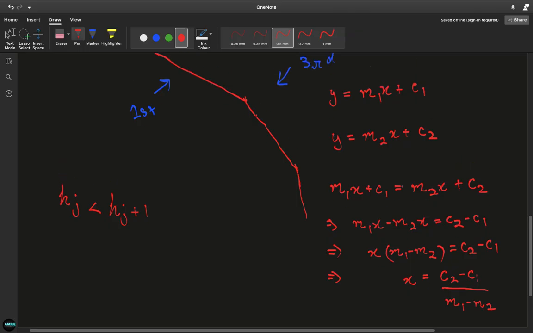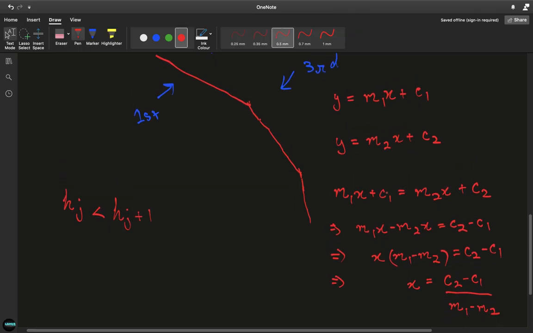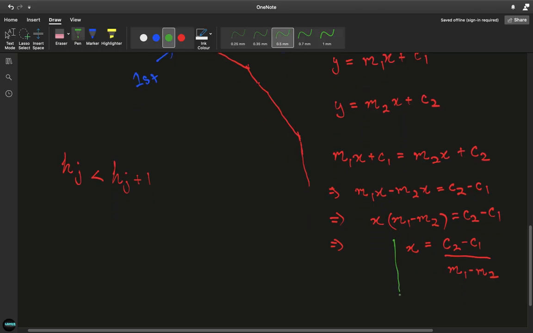Okay. So now we can find out the point at which some line becomes useful using this formula.